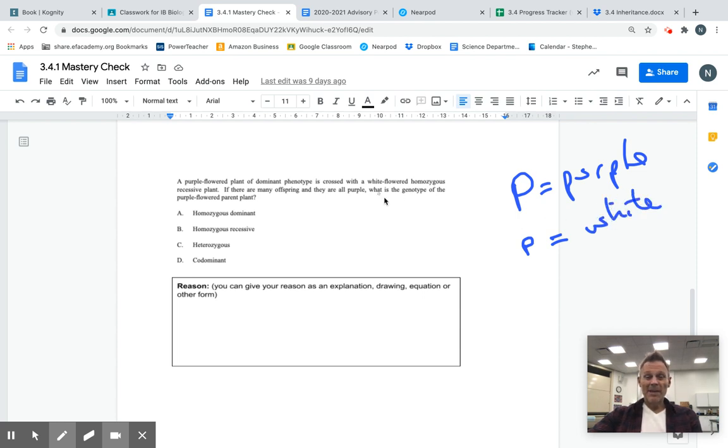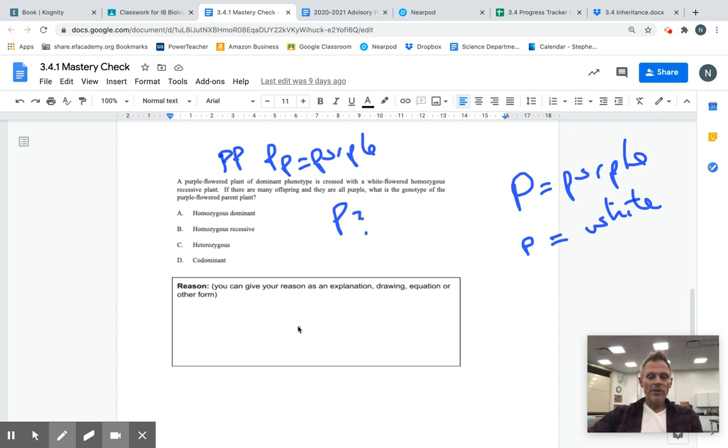We always use the same letters when we're looking at a simple cross. However, the plant is purple, so we don't know. We just know it's got a dominant phenotype, but we don't know if it's big P big P or big P little p, because both of these would equal purple. So you can think of this as a big P and then a question mark.